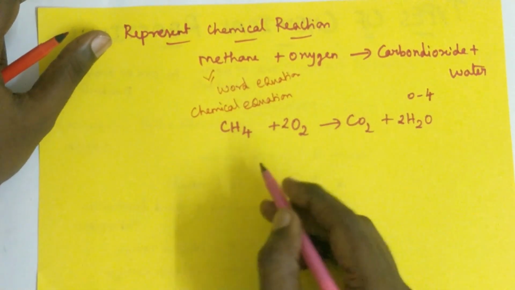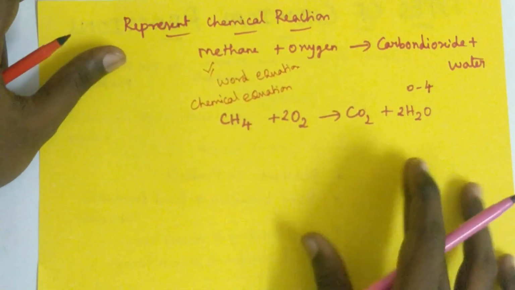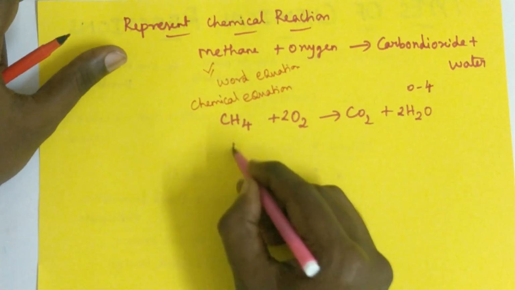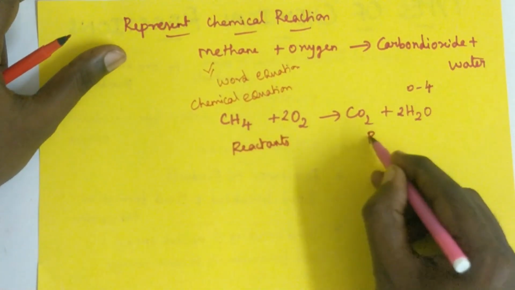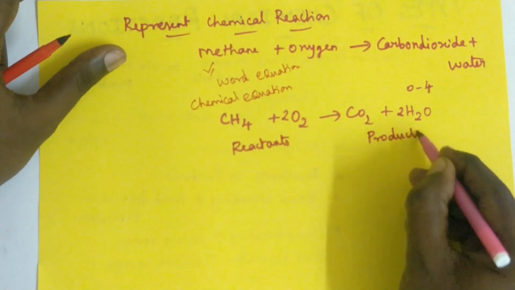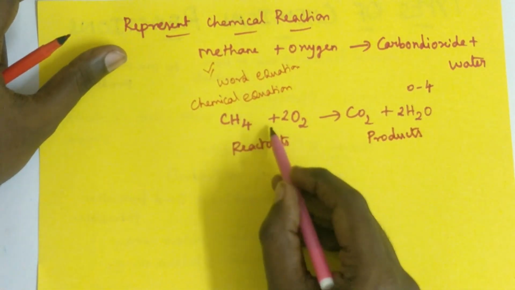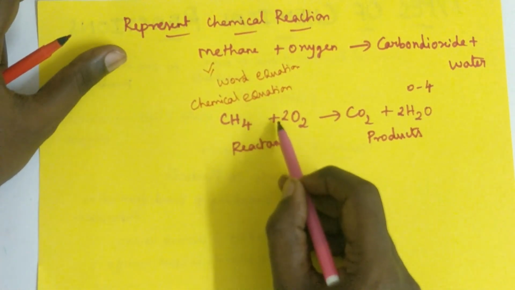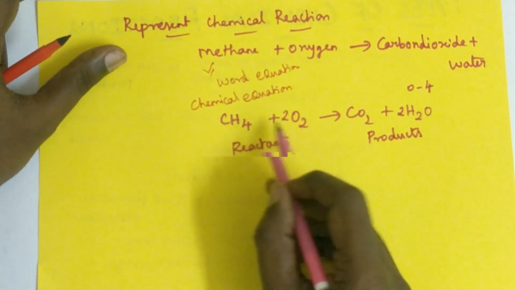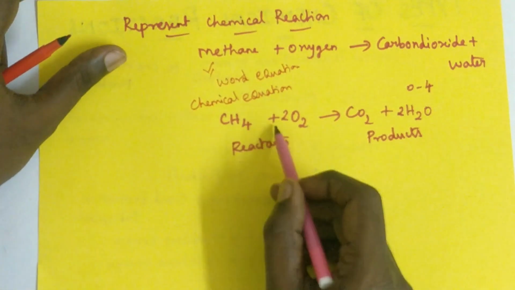So always remember, in representing a chemical equation, the left hand side are called reactants, the right hand side are products. If there are 2 or more reactants, you have to place a positive sign in between.